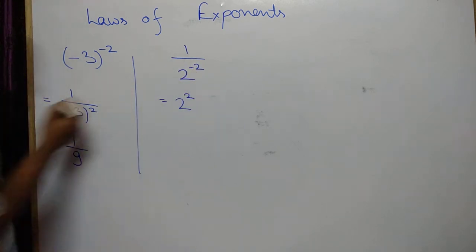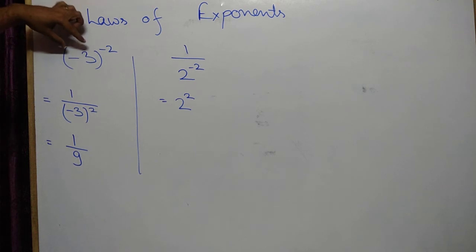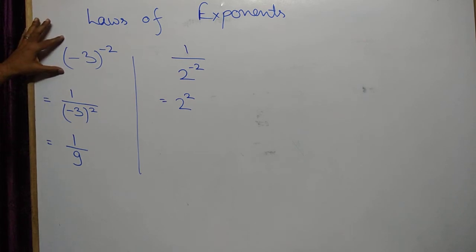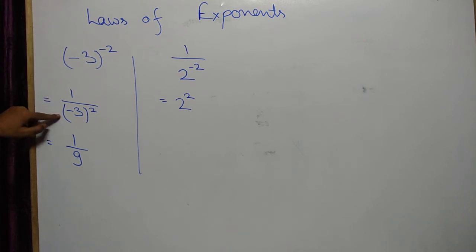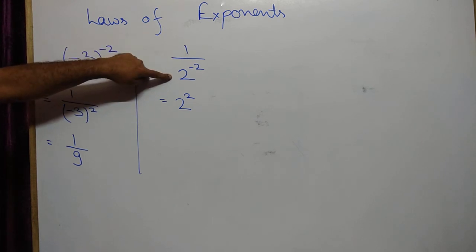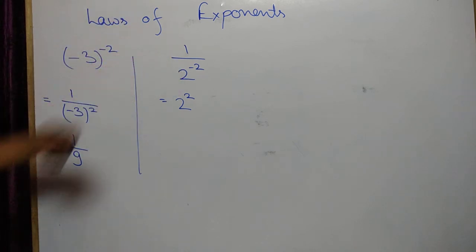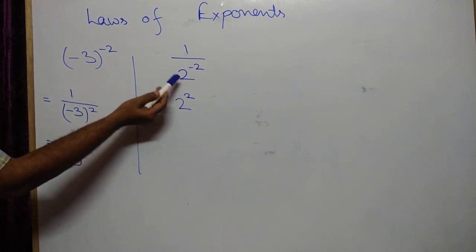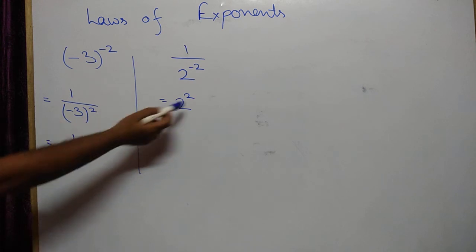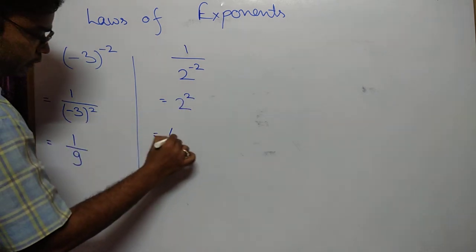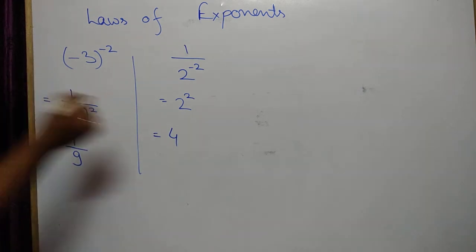In this case we reciprocate the complete expression. Numerator goes to denominator, and denominator goes to numerator, and we change the sign of the power. So ultimately what we have is 2 to the power 4.